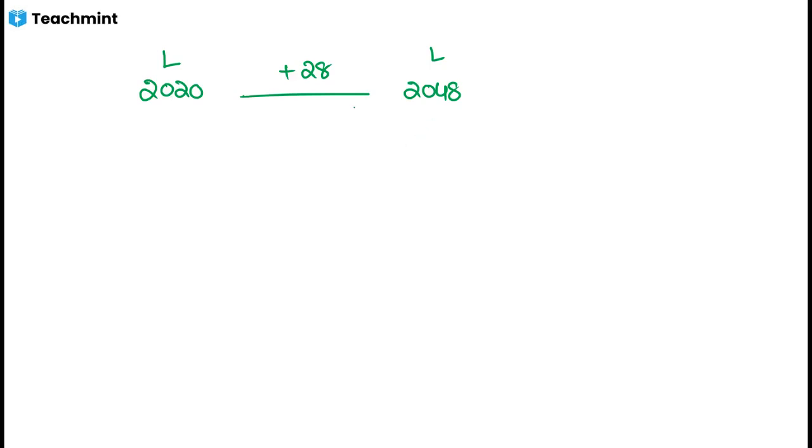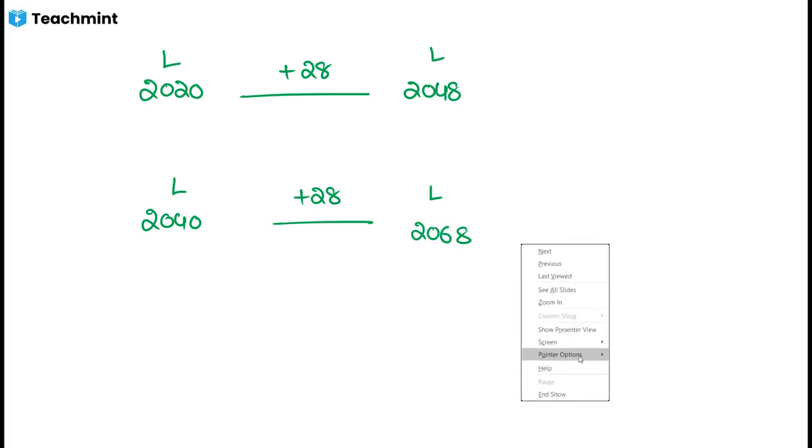We have to add 28 years. For example, a question regarding a leap year like 2040, we have to add 28 for that, and the answer is 2068. We add 28 and we get the answer: the leap year repeats, the same calendar as the leap year, which is 2068.